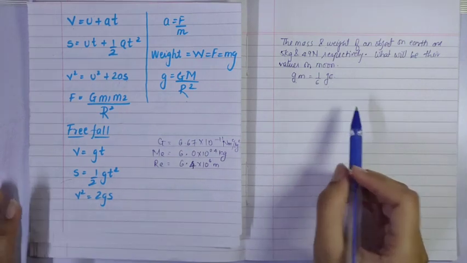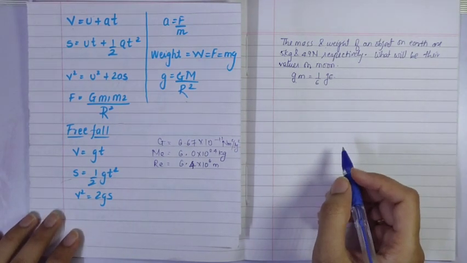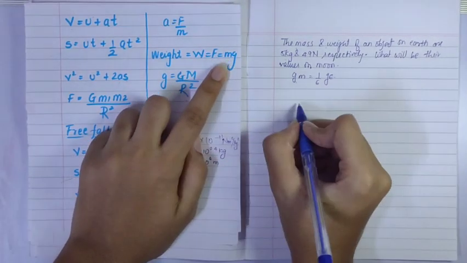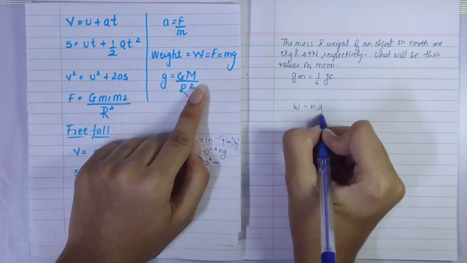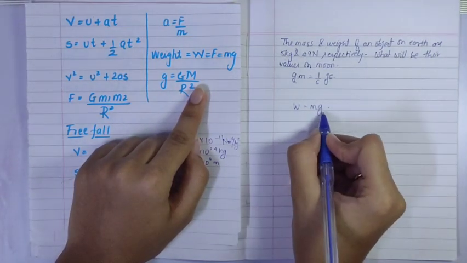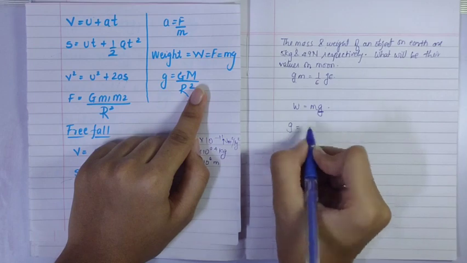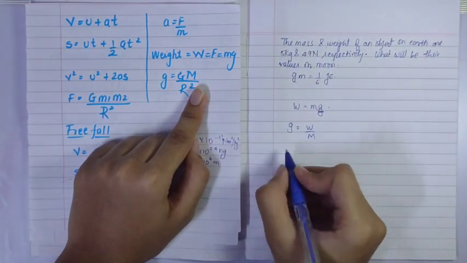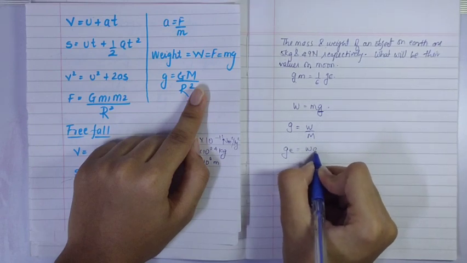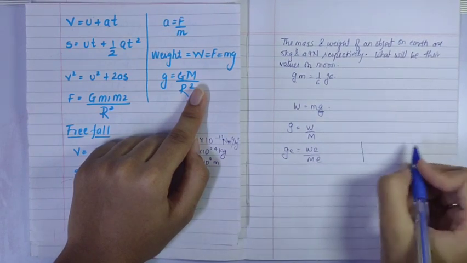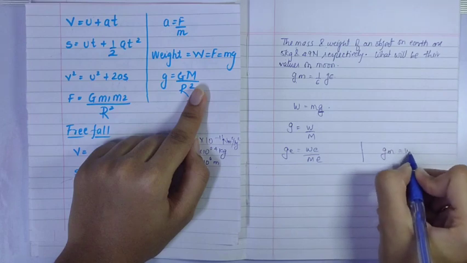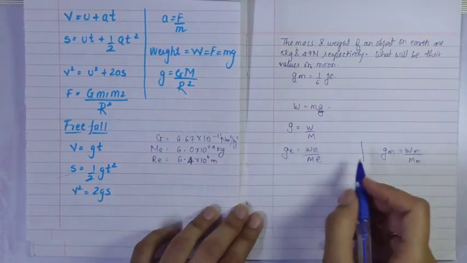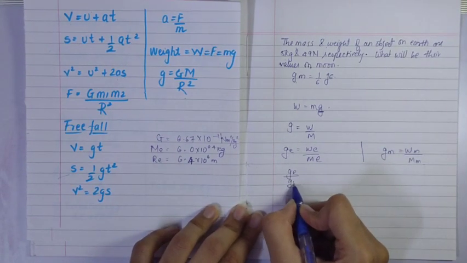Now the formula that you are going to use here is W is equal to mg. So from this you can find g. g is equal to W by M. So you will find it for moon and earth separately. Now you have to divide gE upon gM.